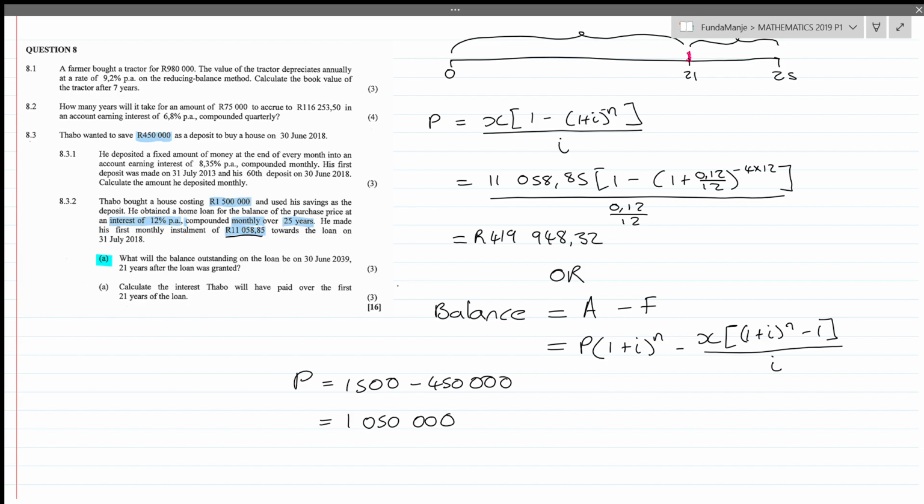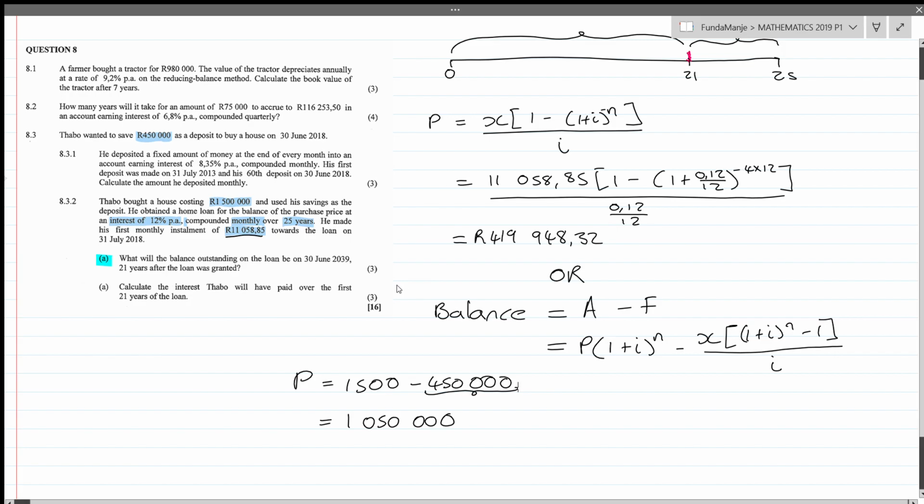This is because he has already paid a part of the price as a deposit for the home, so he only takes out a loan of 1,050,000. That would be your principal amount. The interest is growing at the same rate, so it's 12% per annum. Same thing with the interest over here, it would be 12% per annum as well, and it's compounded monthly, so it's important that you divide by 12.